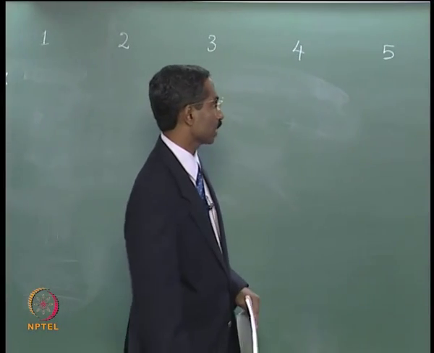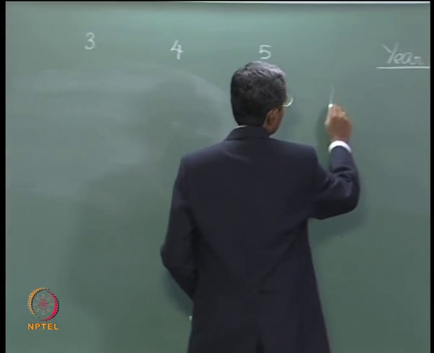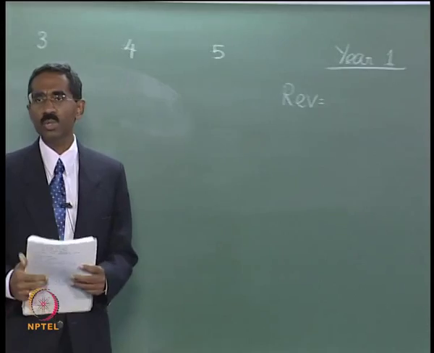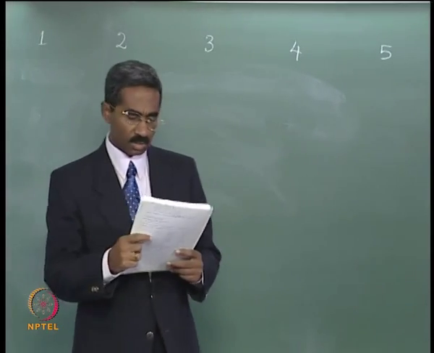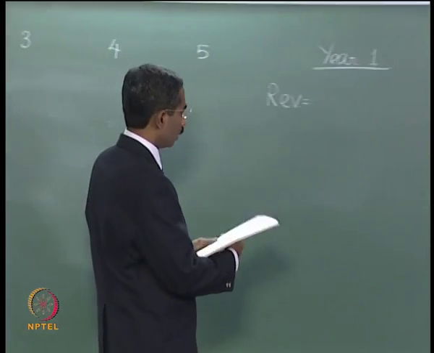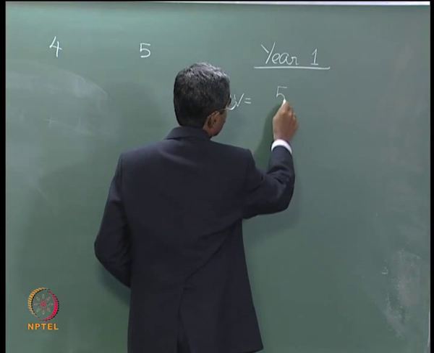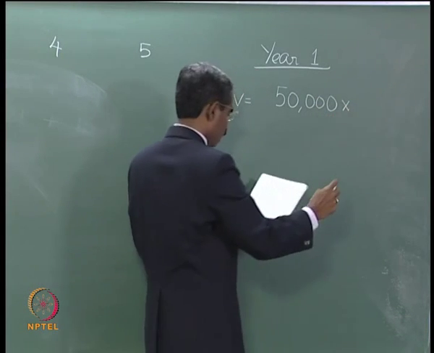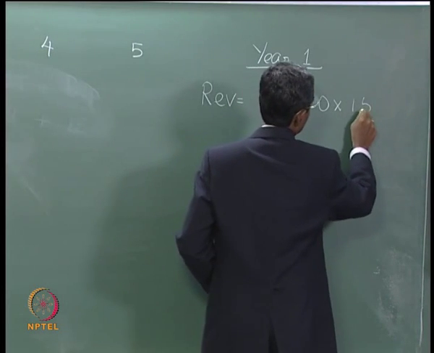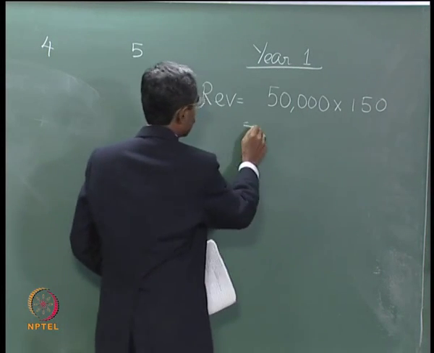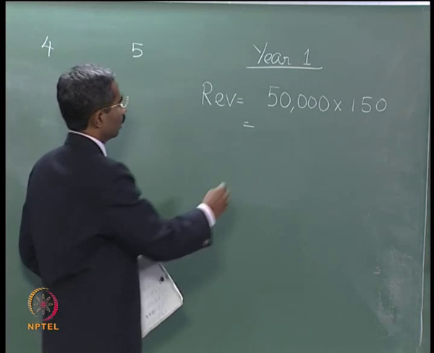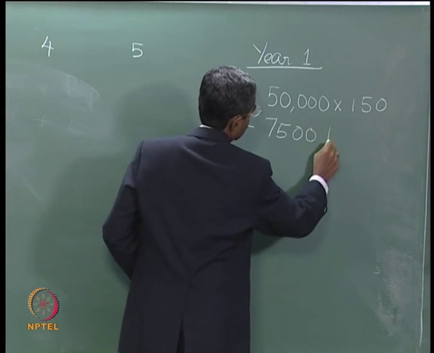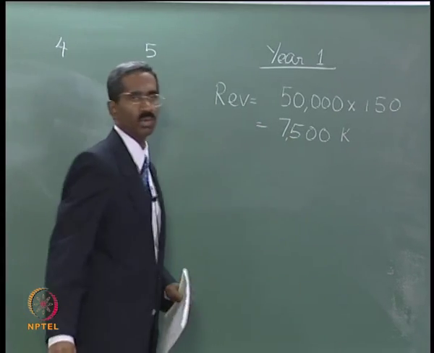In year 1, revenues are nothing but the number of units sold multiplied by the selling price per unit. So the number of units sold is 50,000 in year 1 multiplied by the selling price per unit 150, and this will give you revenues of 7,500,000, so 7.5 million.